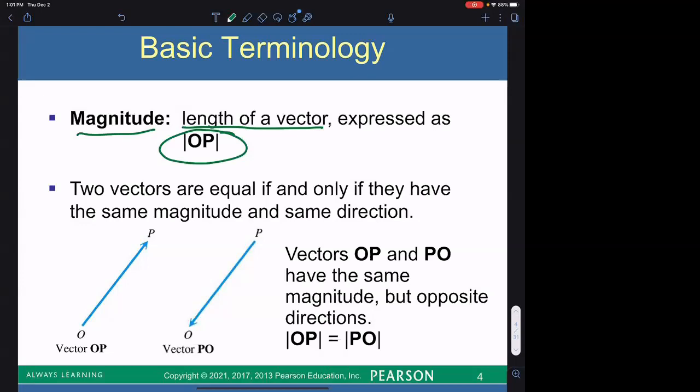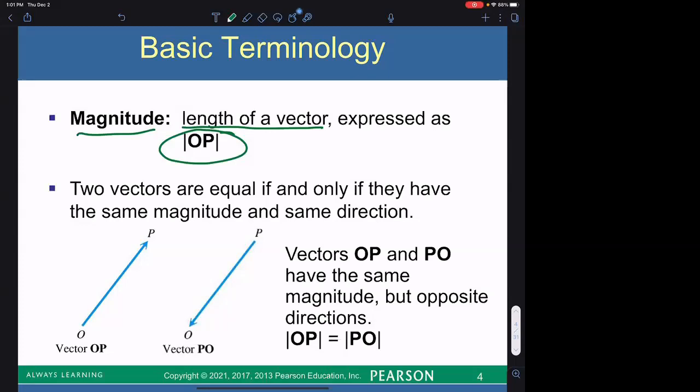So having described these things, now they're going to tell us when we can see that two vectors are equal. They're equal if and only if they have the same size, the same magnitude, the same length, and the same direction. So they have to be going in the exact same direction and travel the same distance on the line segment, basically.